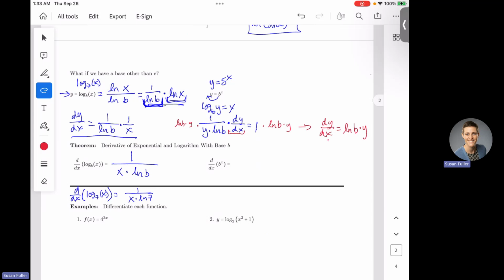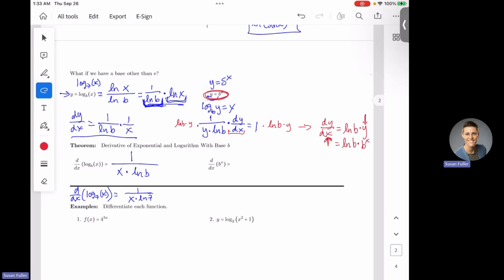But again, I want x's. My variable should be x, not y. So I'm going to come back and say, oh, y is b to the x. So this is ln of b times b to the x.